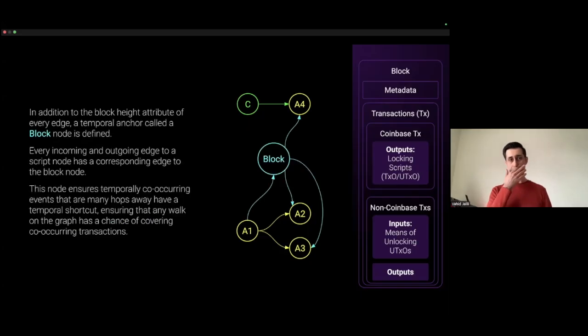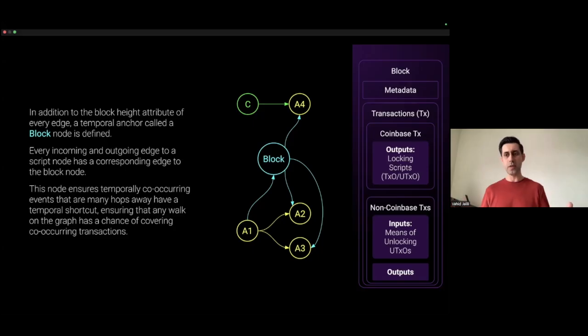To fix this, and I think the community has good solutions, but in this case, what we're doing is I create an anchor point, and in some literature they also call it a shortcut node. So a shortcut node or anchor point is basically a huge node that tries to connect events that are co-occurring on the temporal domain, but they are not necessarily related.